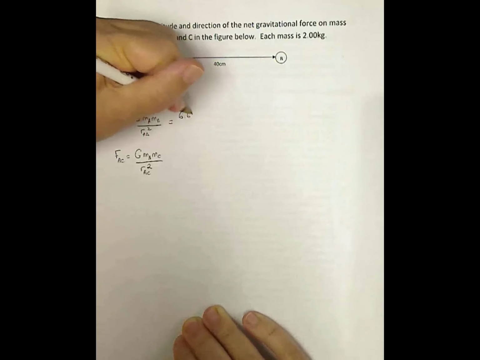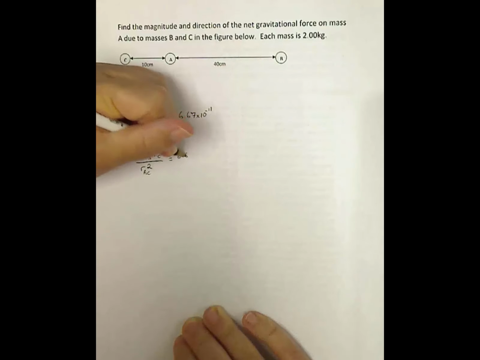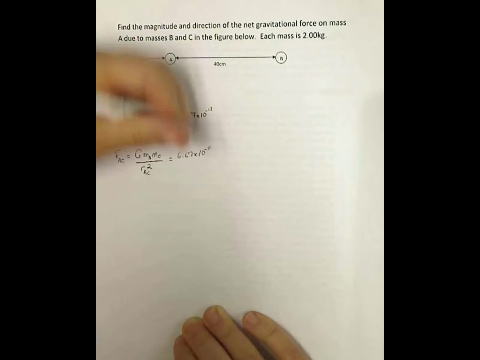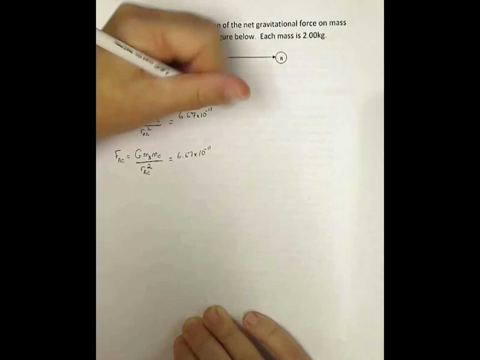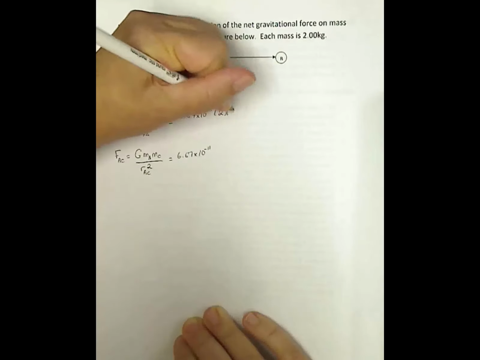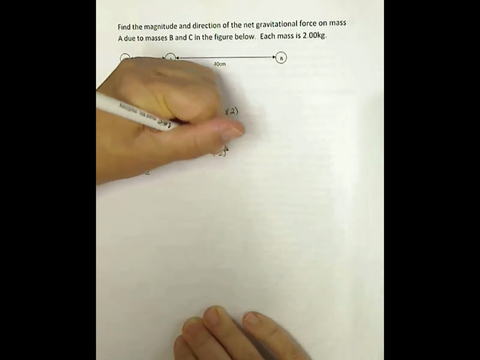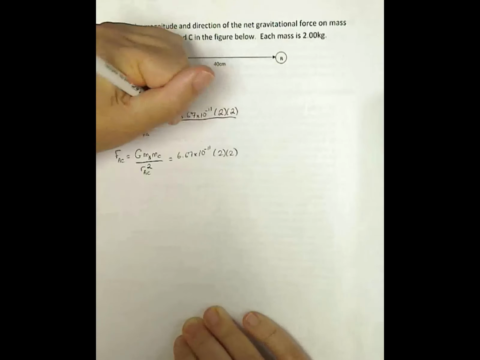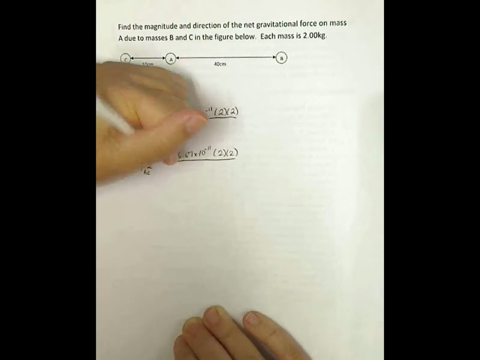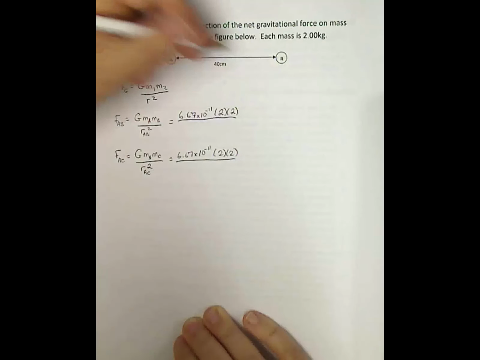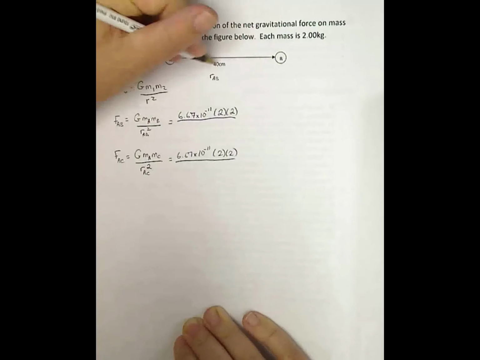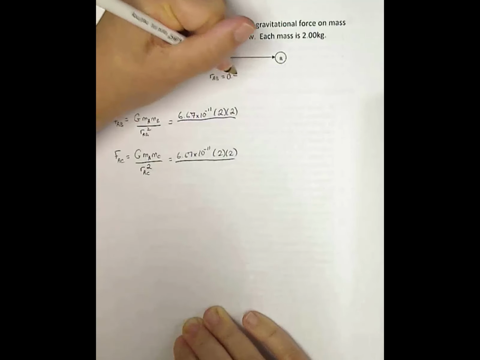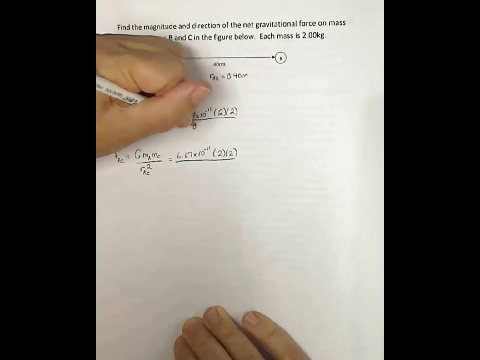So let's put in our numbers. G, big G, 6.67 times 10 to the negative 11. All the masses are 2 kilograms, so I'm going to have 2 times 2 on top. And on the bottom, I need to put in my distances. So the distance between A and B is this 40 centimeters, which is 0.40 meters. Remember, we've got to put everything into standard SI units.